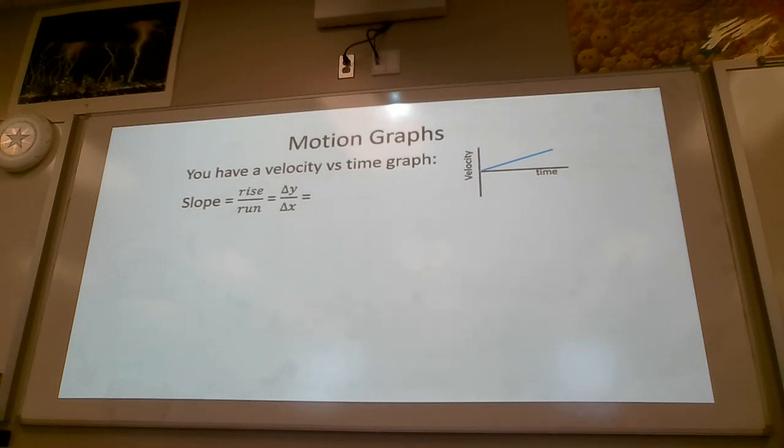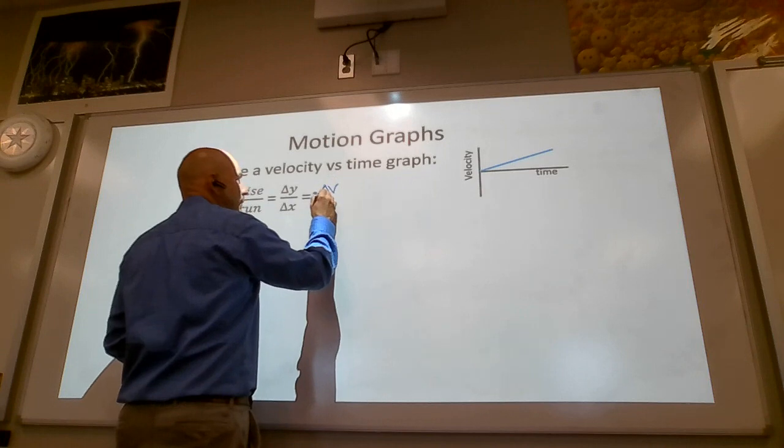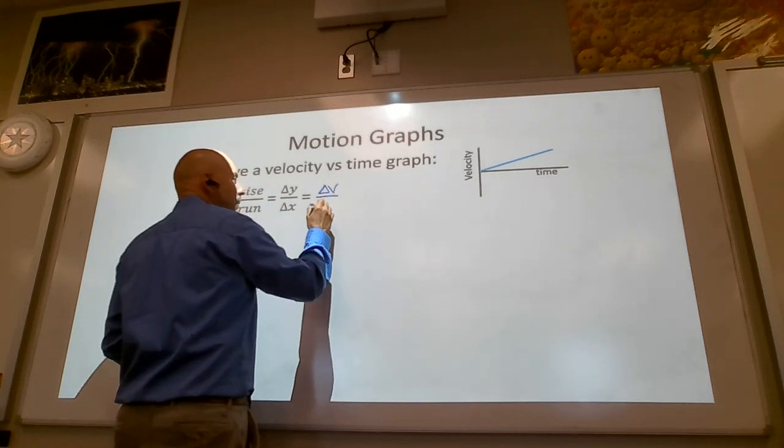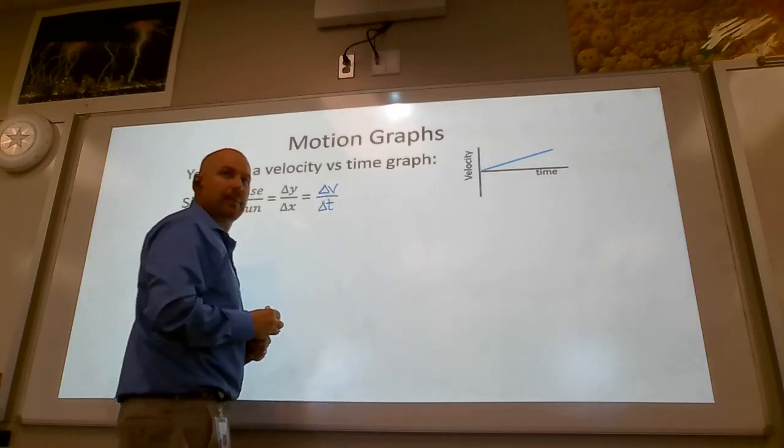Okay, velocity versus time graph. The slope of that is rise over run, delta y over delta x. What is on the y-axis? Velocity. So change in velocity over what's on the x-axis? Change in time.